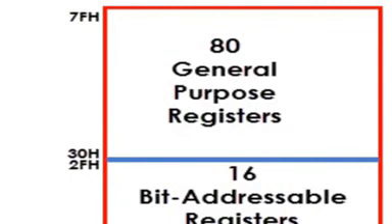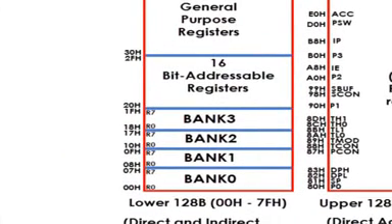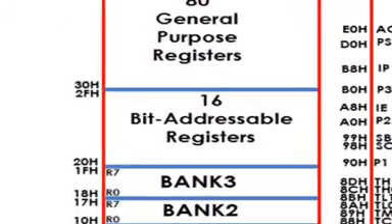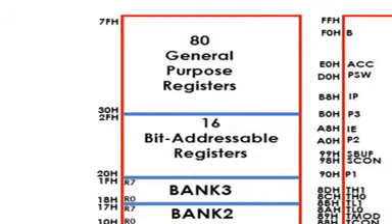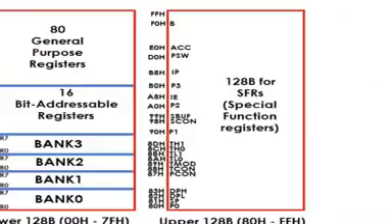Generally for all our operations we use this to save the results, or to save some input data values. So this is the internal RAM we have completed. See, only this is internal RAM, 0H to 7FH, this 128 bytes.